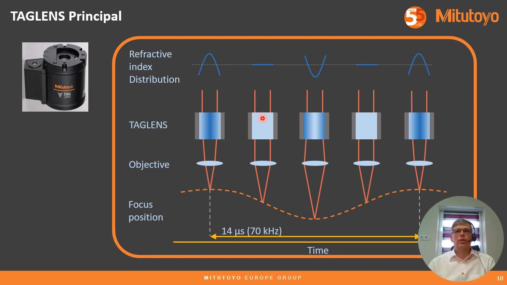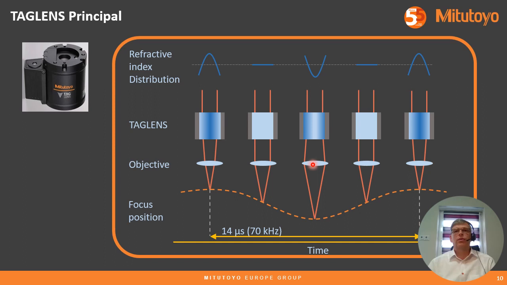The situation with the homogeneous refractive index: light will go through without a focusing or defocusing effect. So the focusing effect just comes from the objective lens and generates a focus position here at a little bit farther position.